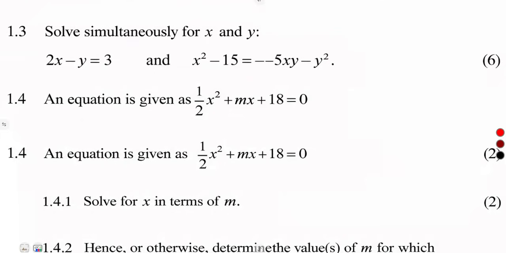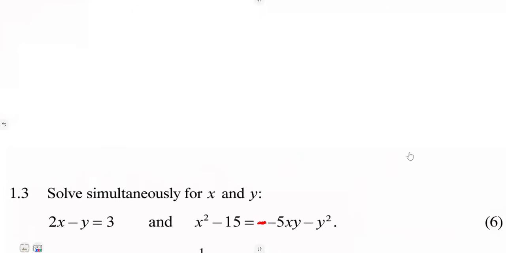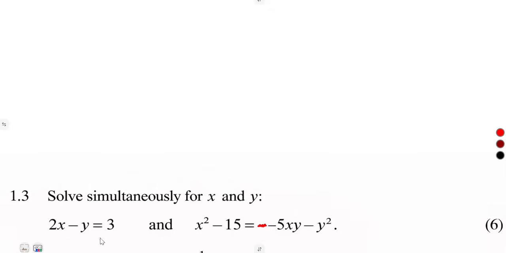1.3, we are given solve simultaneously for x and y. This is x squared minus 15 is equal to minus 5xy minus y squared. All right, so that is it for us to solve here. What we can see, guys, is that we have got two equations.